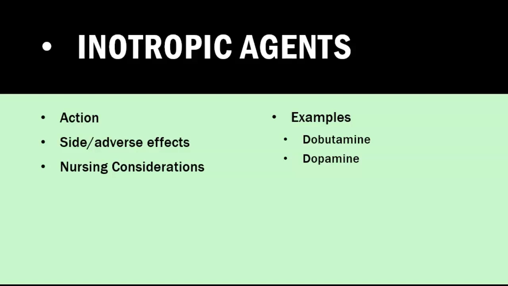So these also work in the kidneys, and it helps get rid of that excess water. Side effects are going to be dizziness, nausea and vomiting, a headache, extravasation if they're receiving it IV, and then tachycardia, bradycardia, angina, palpitations, and hypotension.